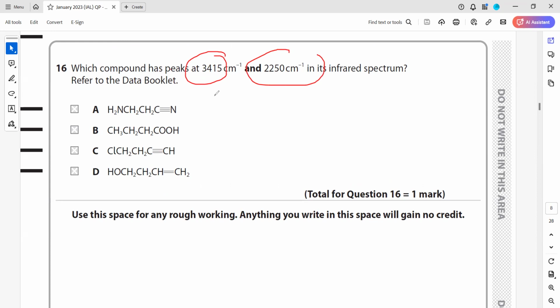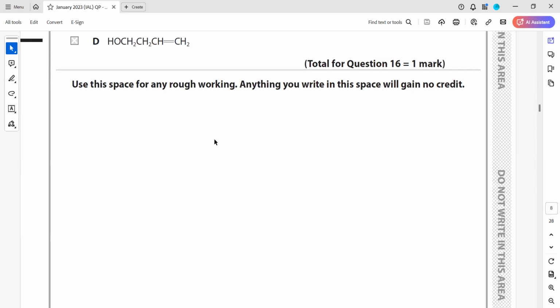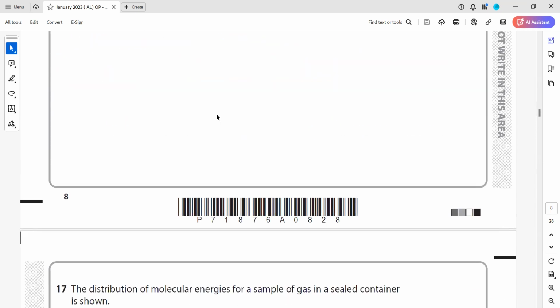Then check, because if it was a carboxylic acid, then C double bonded with O should be there, and OH should be there, and CO should be there. If alkyne is there, triple bond absorption. If alkene is there... So you have to refer to the data booklet. Without a data booklet, you cannot answer this. You have to use the data booklet and identify, and from that you will conclude.